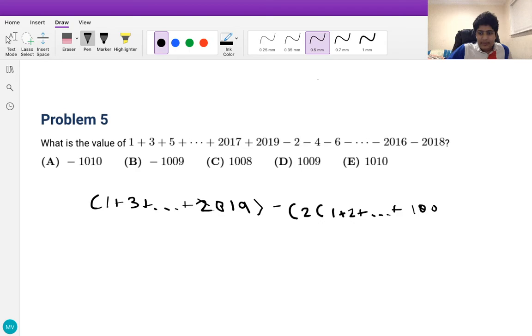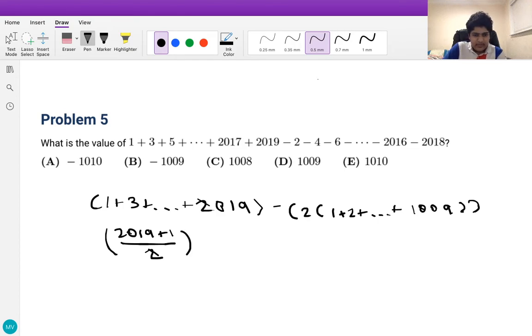And now we already know how to evaluate each side of the sum. The sum of the odd numbers from 1 plus 3 all the way to 2019 is simply 2019 plus 1 over 2 whole square, which is just 2019 plus 1 over 2, and then we whole square this.